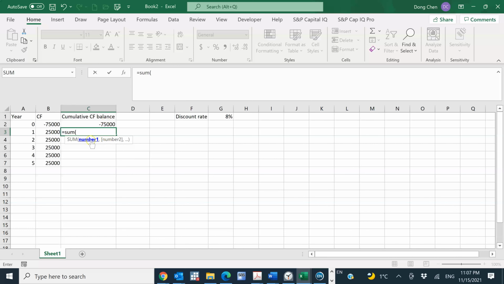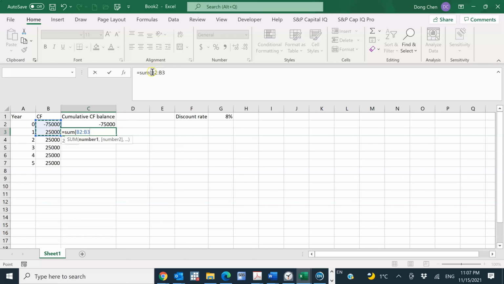You can see that it is the sum of a series of numbers. The first number is the cash outlay, and this is up until year 1. So I'm just going to press shift and pull the cell down to year 1.